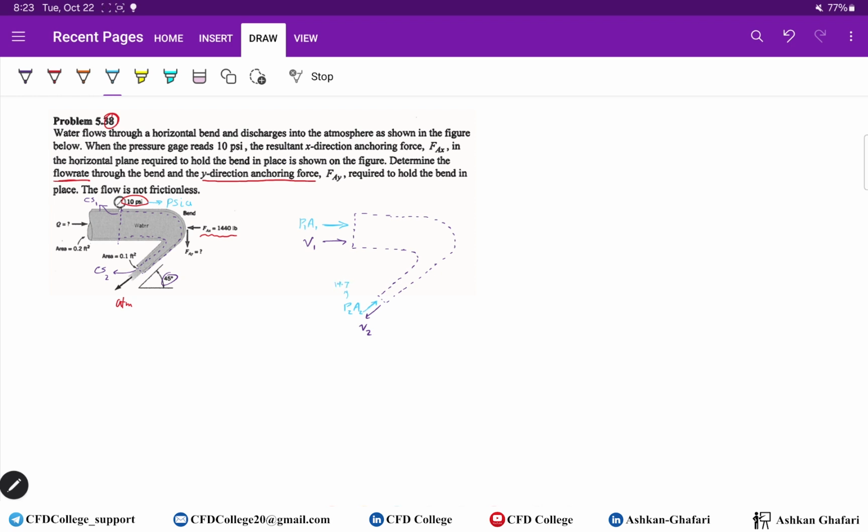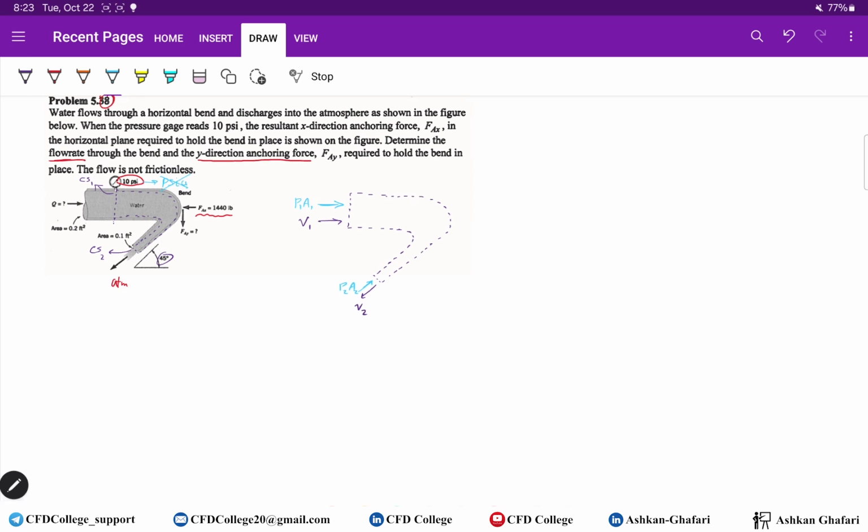But now, since pressure at control surface 1 is gauge pressure in psi, it means that P2 should be in gauge pressure, so P2 is 0. But if, for example, it wasn't an outlet, and the pipe was like this, and this was another section inside the pipe, then we cannot neglect P2A2.